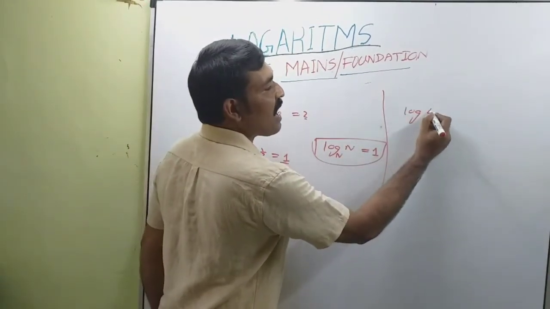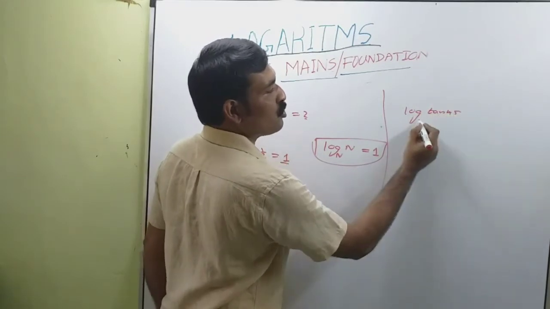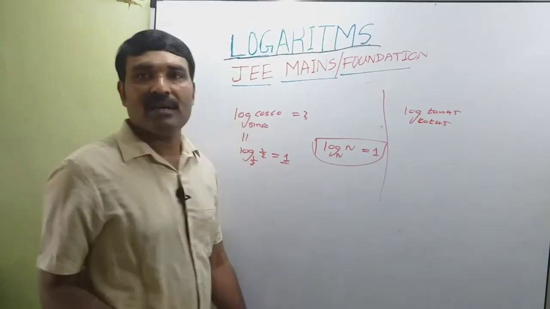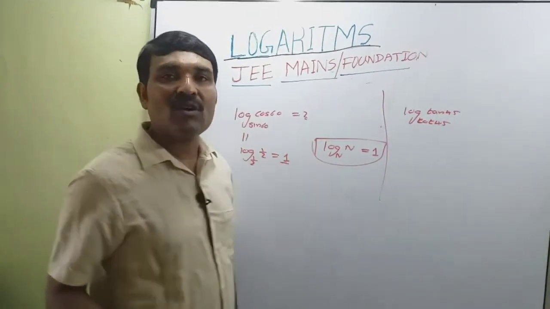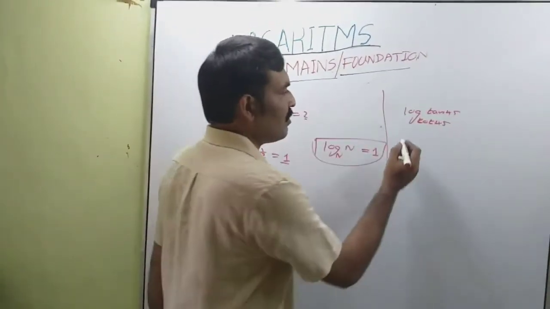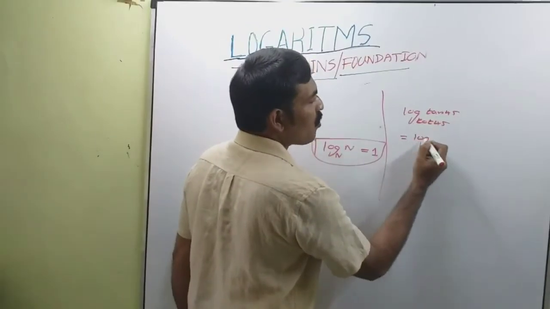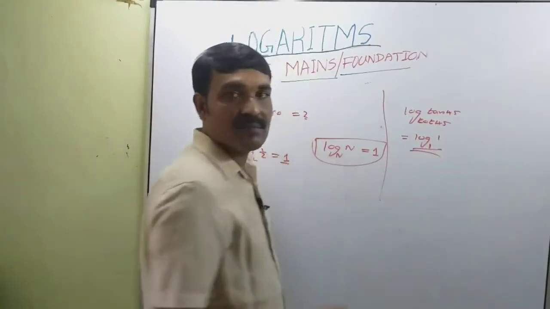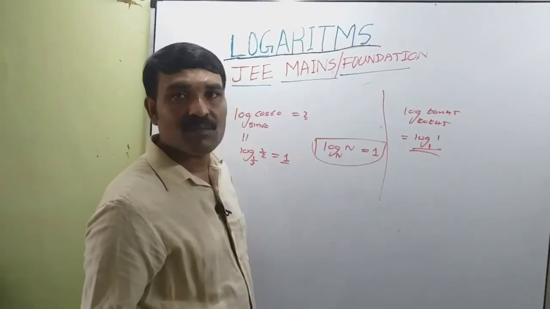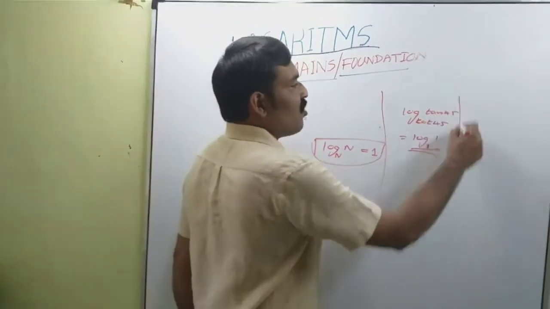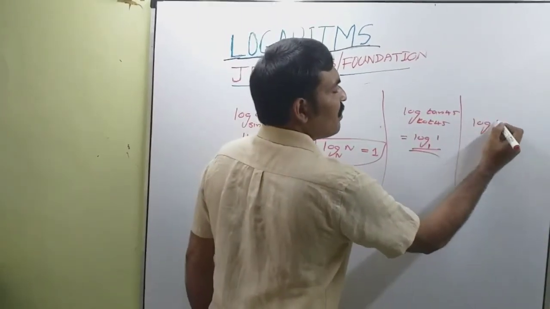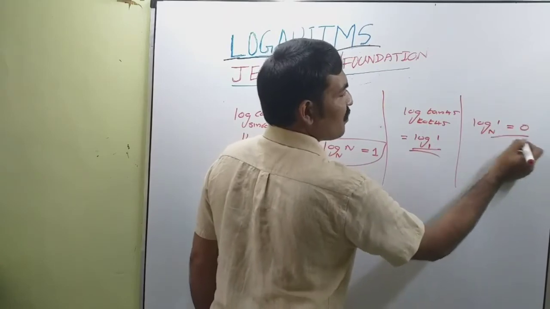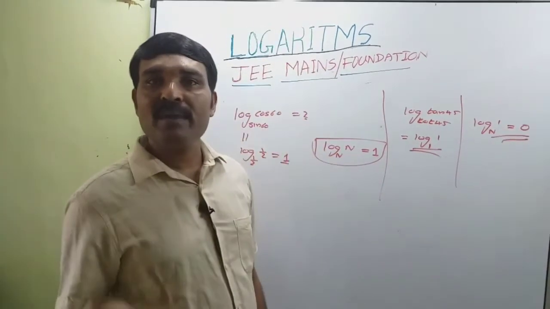Log of tan 45 to the base cot 45. The values of tan 45 and cot 45 are both 1. That means this is equal to log 1 to the base 1. What is the value of this? The log of 1 to any base is equal to 0, but the base should not be equal to 1.